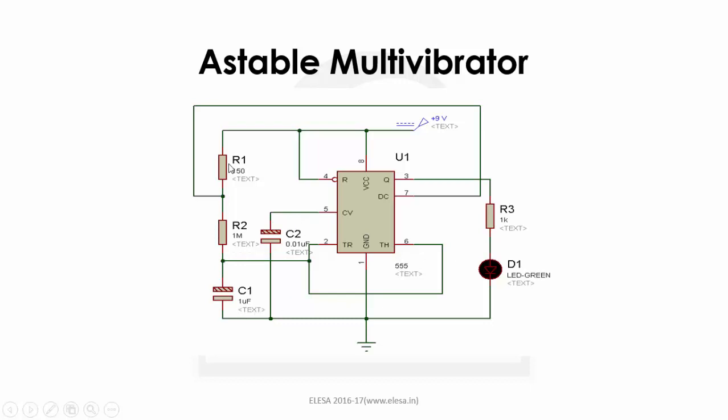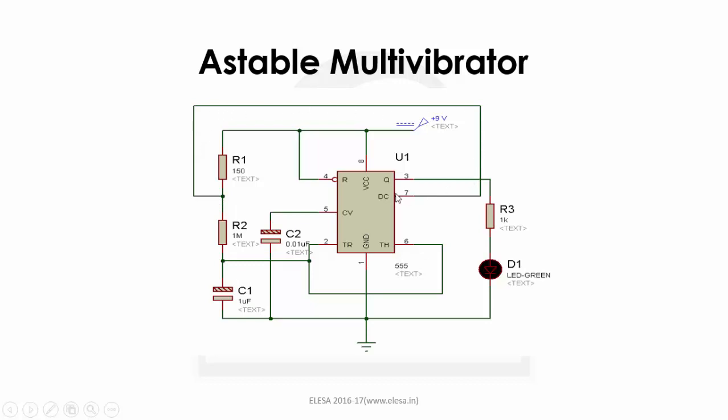When power is turned on, the trigger pin voltage is below VCC by 3. That makes the lower comparator output high and sets the flip-flop, and hence the output of the 555 IC is high. This makes the transistor off. As it is off, capacitor C1 starts charging, and when its voltage exceeds VCC by 3, the lower comparator output becomes low.